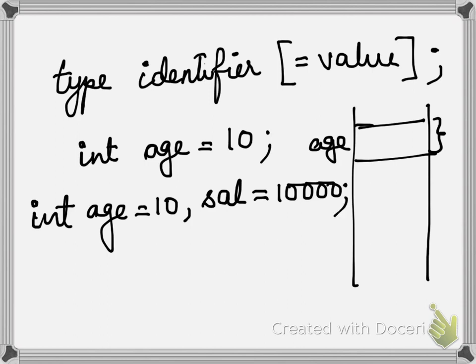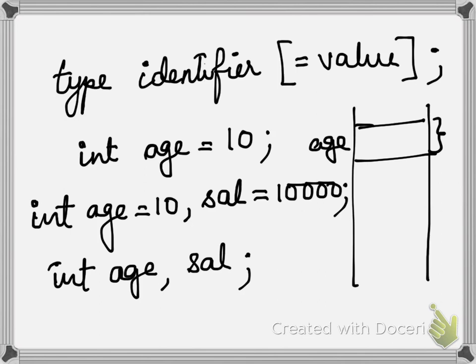So here in one single line we have declared two variables, age and sal. They have to be separated by comma. Or you can also do that without giving an initial value: int age comma sal. This is how you can declare variables of a particular type.